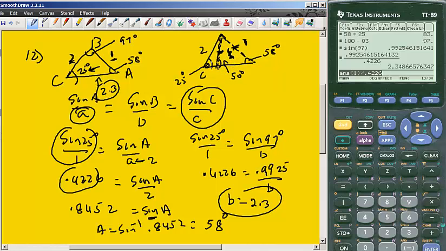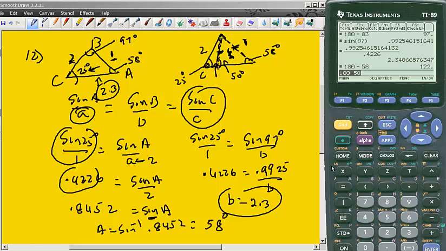If that's 58 degrees, then the angle right next to it, which is supplementary, would be 180 minus 58 degrees. That turns out to be 122 degrees. Now look at this little triangle. That's my angle B up on the top, but that's angle A. In that little triangle, I have 25 degrees and 122 degrees.